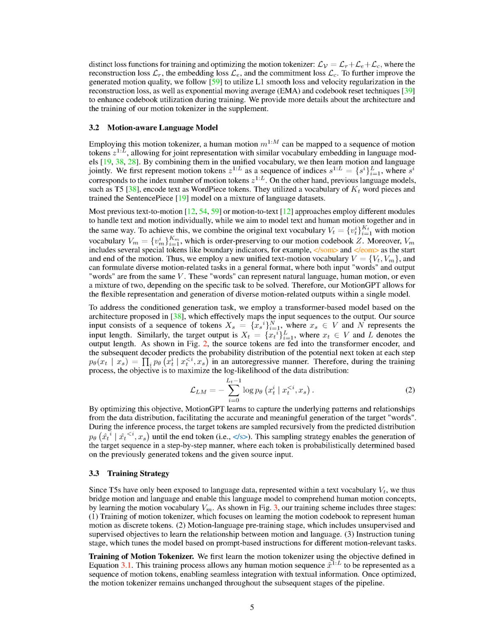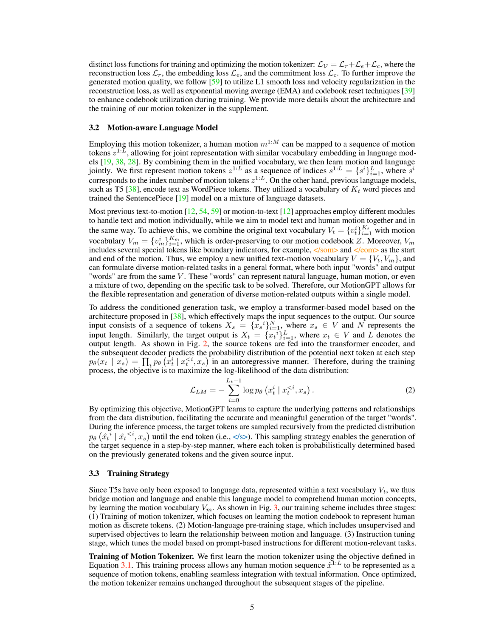This prediction process is performed in an autoregressive manner, i.e., each prediction depends on the previous ones. The ultimate aim during training is to maximize the log likelihood of the data distribution. By doing so, MotionGPT learns to recognize the underlying patterns and relationships within the data, which enables the accurate and meaningful generation of the target words.